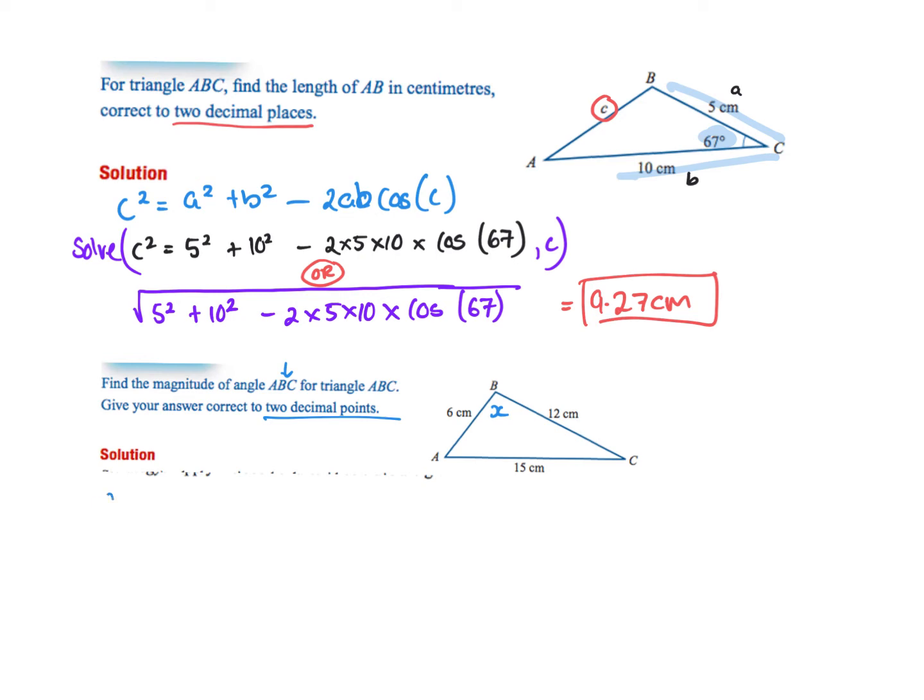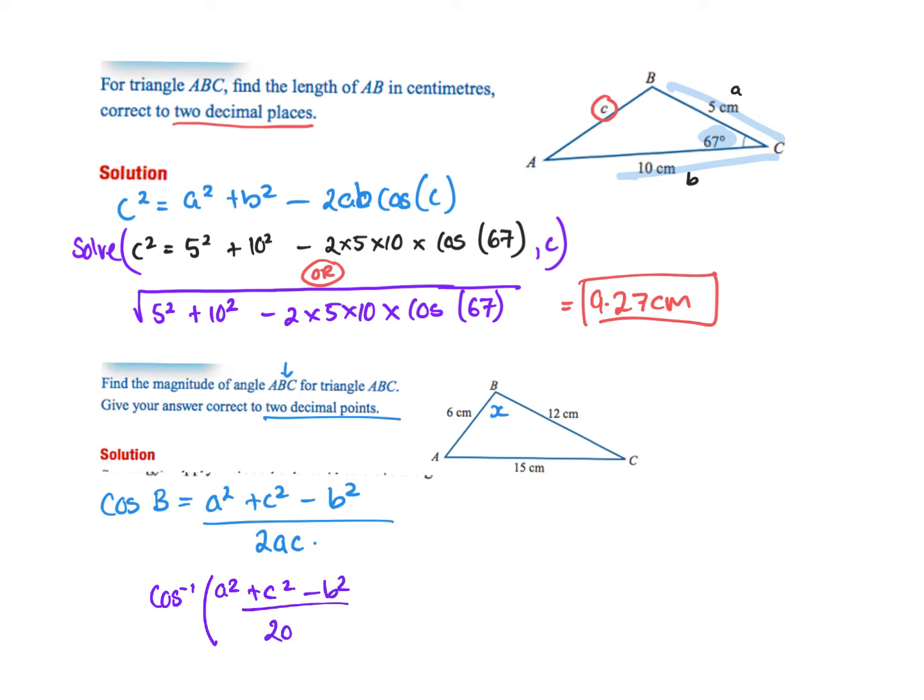So if you wrote out the formula, it says cos B equals, and I believe it was A squared plus C squared minus B squared over 2AC. Okay, so if we go to type it in the calculator, we can do solve, or we can just go straight to the inverse cos of this, a squared plus c squared minus b squared over 2ac.